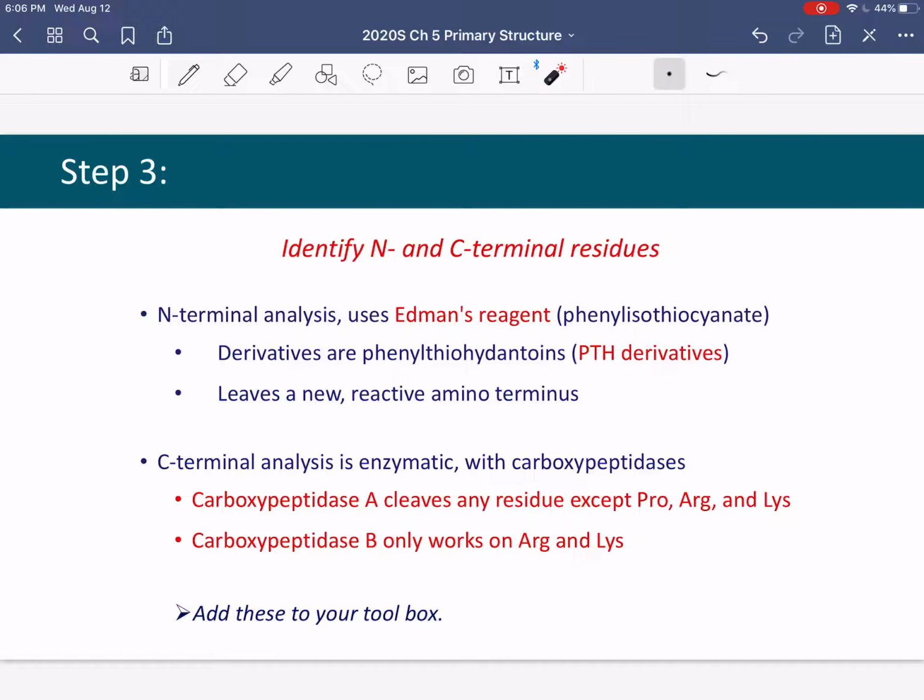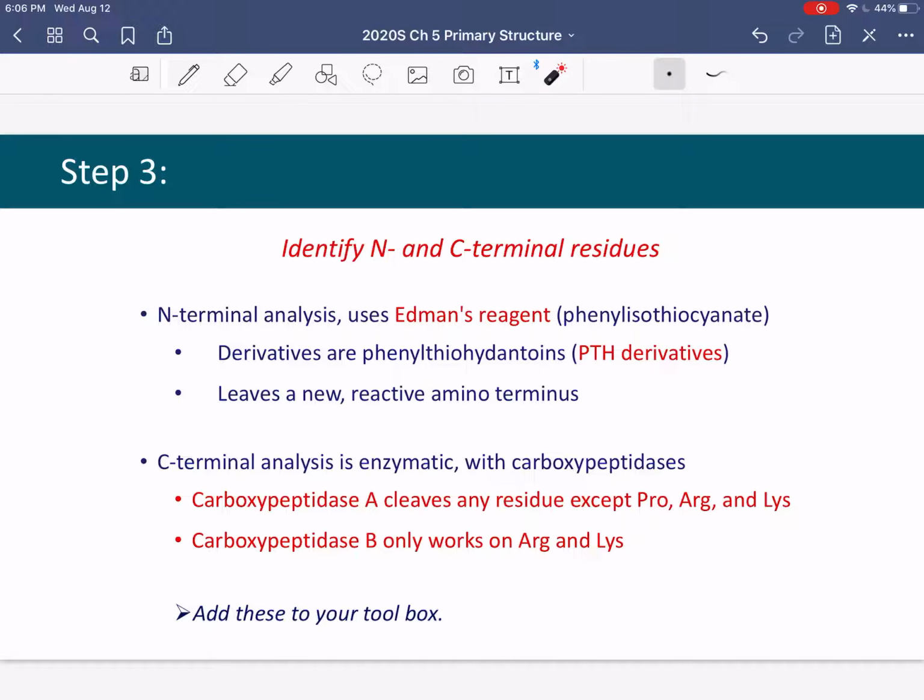This reaction would have to be repeated a number of times in order to get sequential removal of each new N-terminus, and that works for very, very short peptides, but the yield is poor, and so you can't really go much farther than, say, 10 amino acid residues.